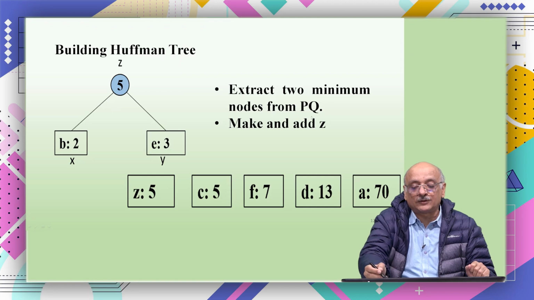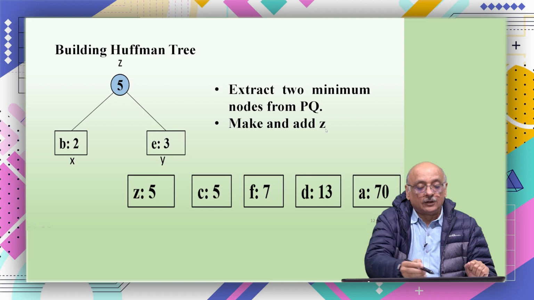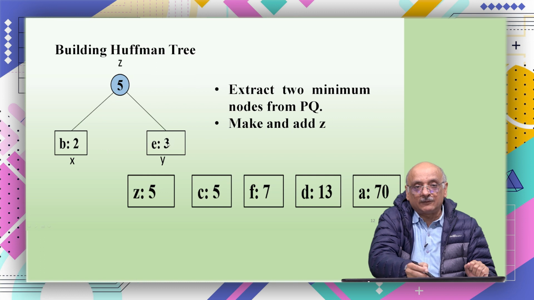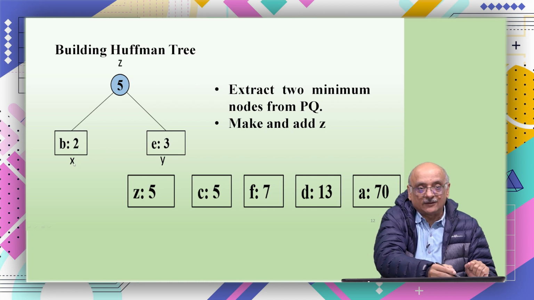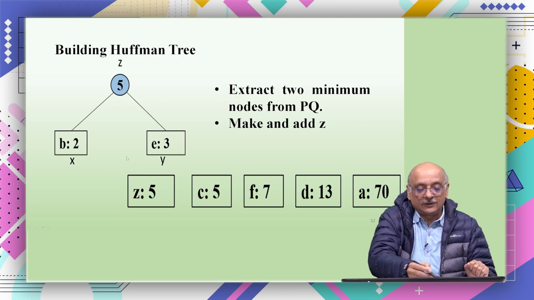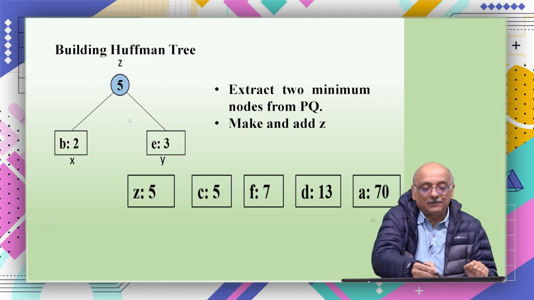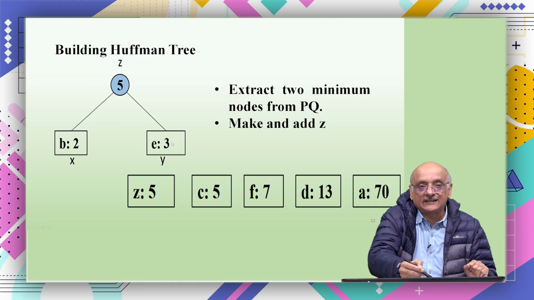Extract two minimum nodes from PQ, make and add z. B had a frequency of 2, E had a frequency of 3. So, B is x, and that is what we extracted, the minimum x and y. These two nodes have been extracted from the min queue, so obviously they have been removed from there. Then we create a new node z with x as its left child and y as its right child.